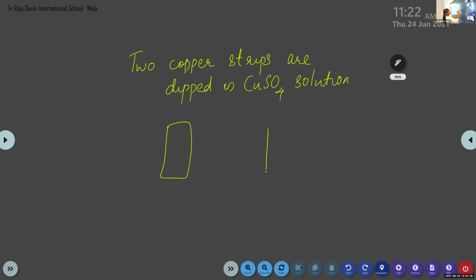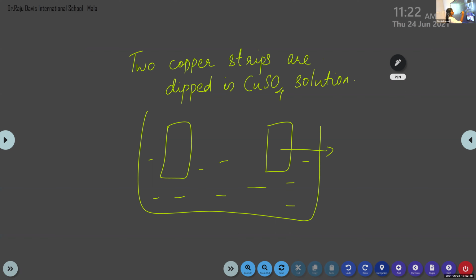So both these electrodes are made up of copper, and the copper sulfate solution is the electrolyte. One acts as anode and the other one acts as cathode.